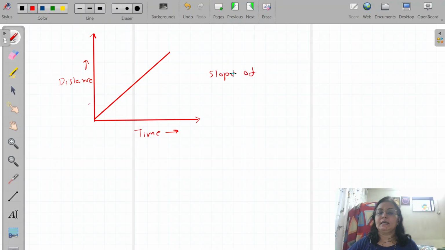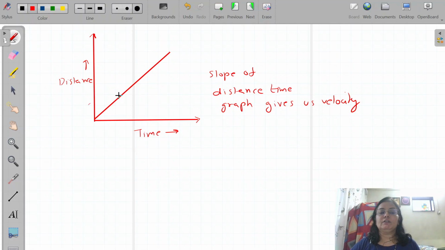Slope of distance time graph gives us speed, velocity. It's a straight line, right? Distance is directly proportional to time. So it gives us speed or velocity.